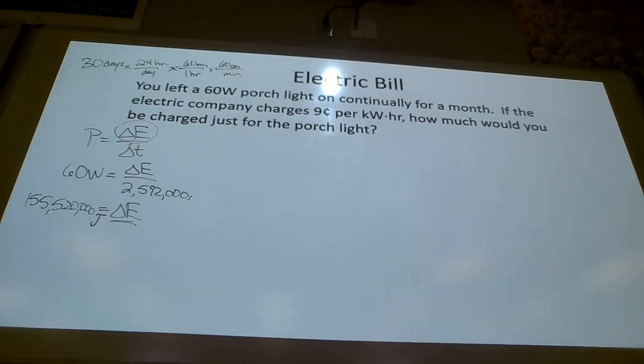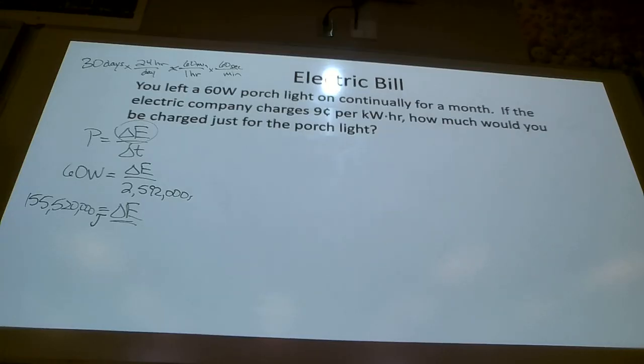Granted, it was on the whole time, but really, one light bulb. Okay. So you see how this is like a really big number. So the electric companies were like, you know what? We should come up with a different unit because this is like measuring from here to California in inches. It's not wrong. It's just absurd.